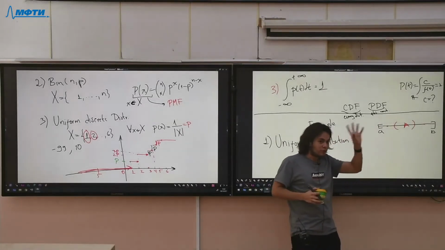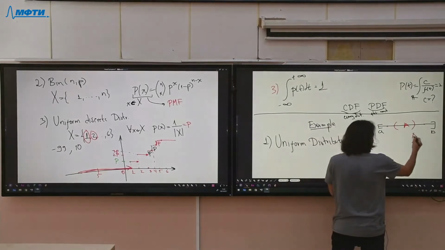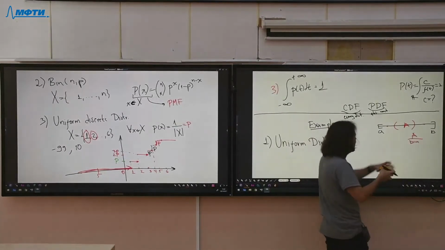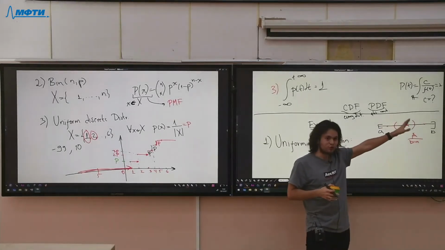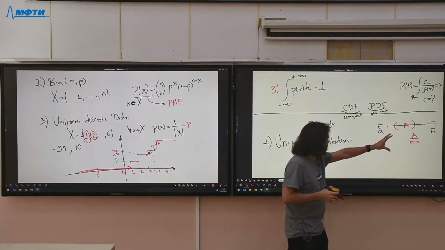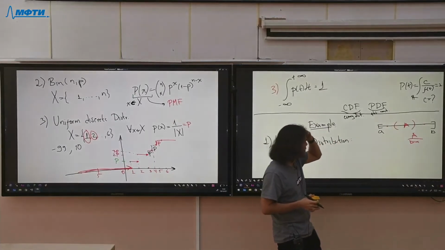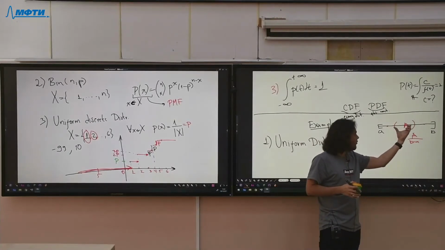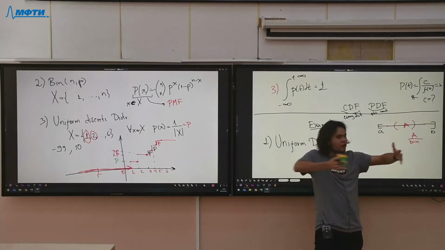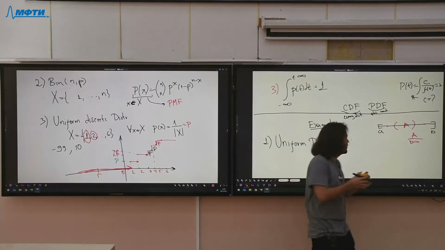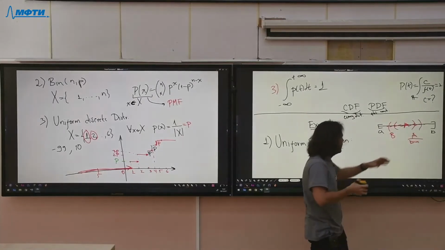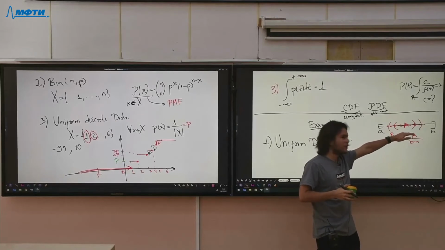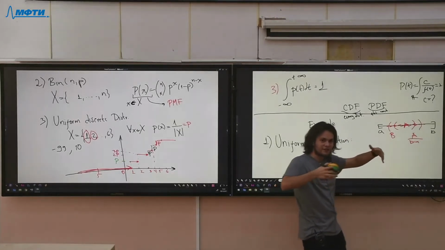Then what we have is the length of A over B minus A. This is the geometric distribution that we already know, right? What I'm trying to say is that the probability of getting a set is proportional to the length of this set. If we have B like this, then the probability of B is going to be bigger than the probability of A. So that's the deal.